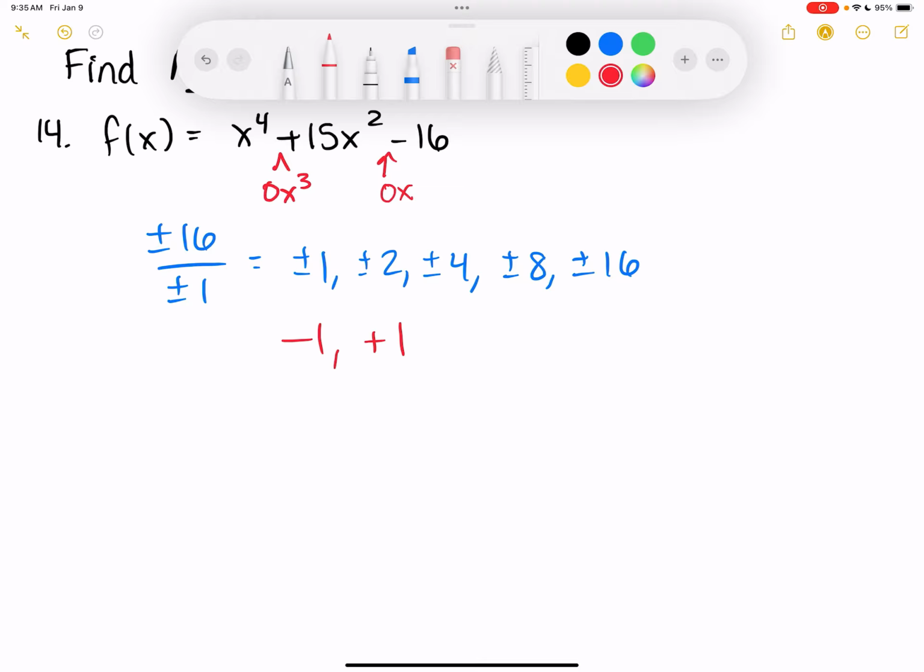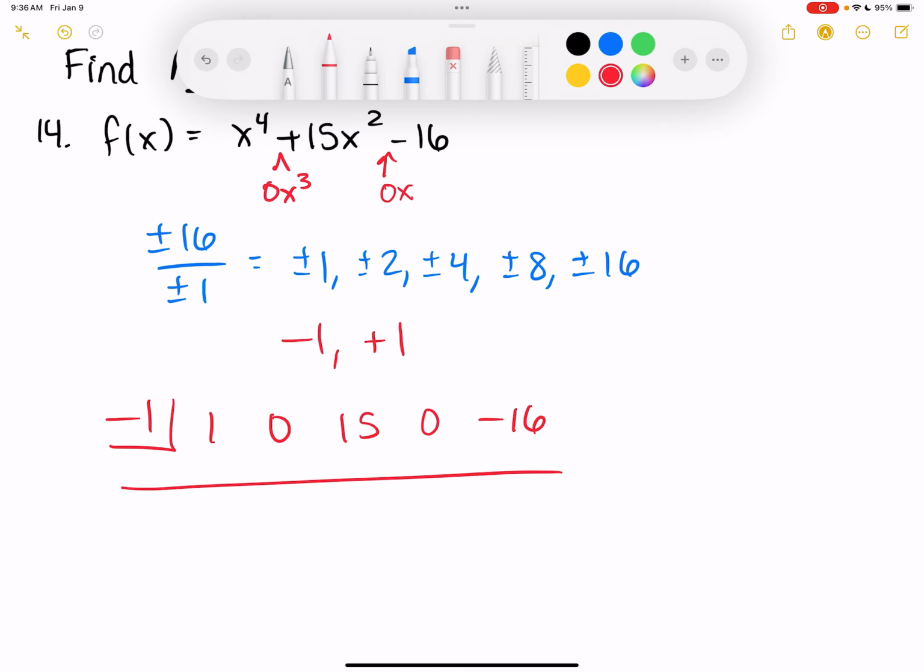Alright, check these two numbers, but when you do it this time, you need to definitely use the numbers at the bottom. Don't use the original equation, or you're going to have to just do it again. So I'm going to start with -1. So we've got 1, 0, 15, 0, -16.